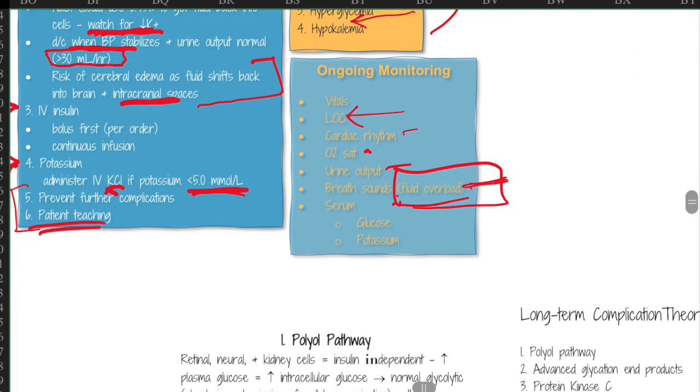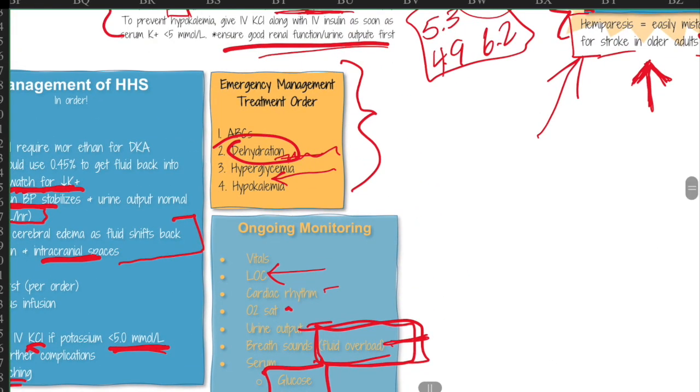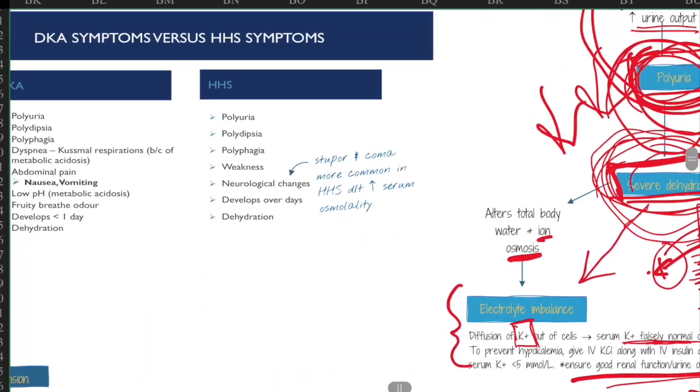Well, you have to think about the treatment too. You're giving so much fluid, we don't want fluid overload to happen, so you have to be listening to breath sounds and watching out for that. And then you will be doing your glucose and potassium levels constantly until that person is back into some semblance of being able to function on their own.